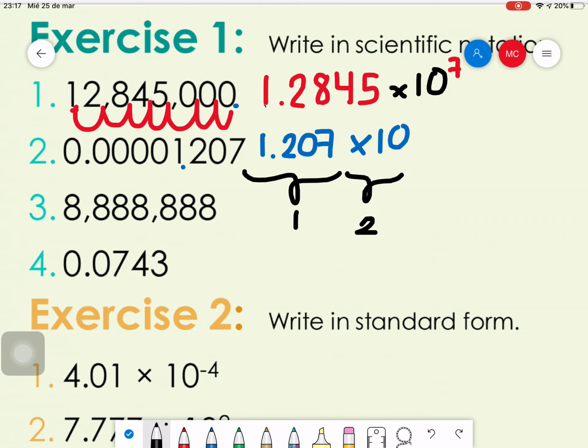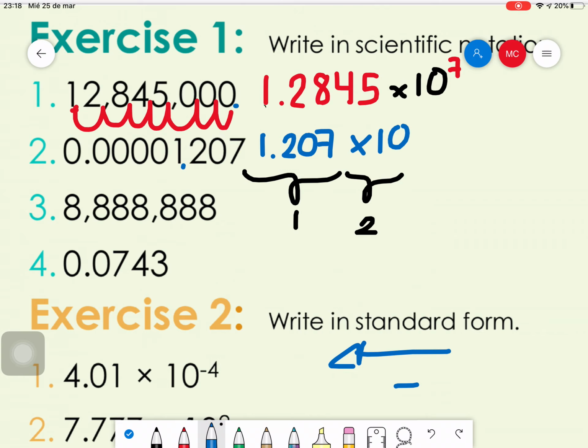I just did it. Third step, we gotta see if it is a positive or a negative power, okay? As it is a decimal and I'm gonna move to the left, I know for sure my exponent will be negative. But now let's count.